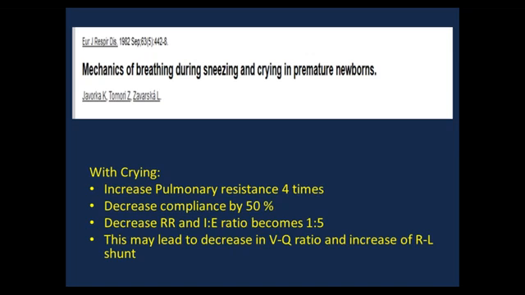Compliance might be reduced by 50%, and the inspiratory-expiratory ratio might become 1 to 5. So you have a significant increase in expiration, which might reduce the functional residual capacity significantly. This may lead to a decrease in ventilation perfusion ratio and an increase in right to left shunt through the lung.